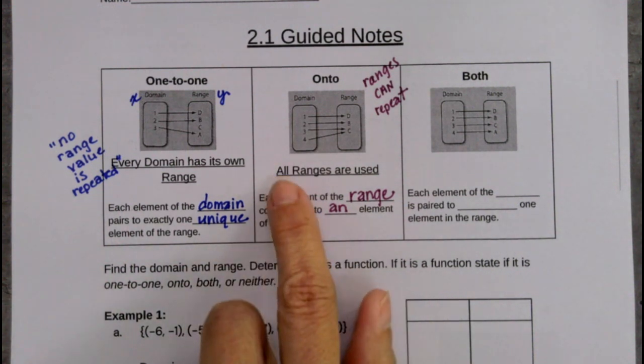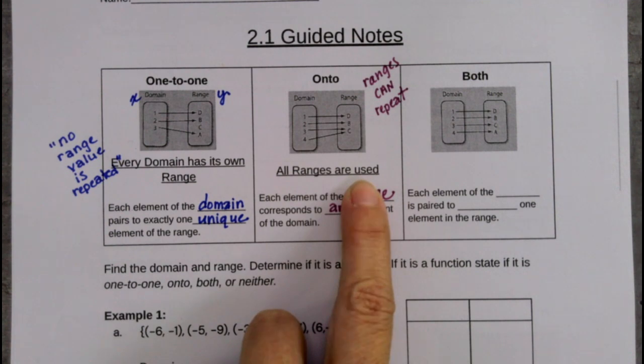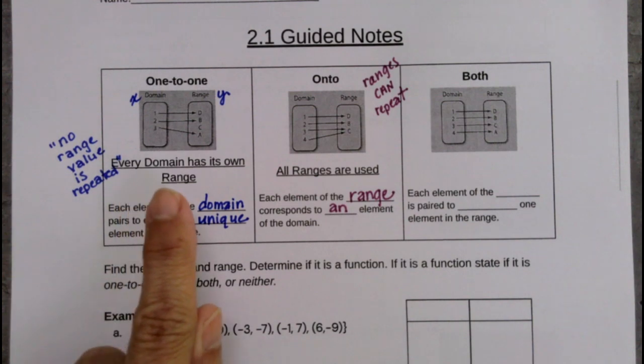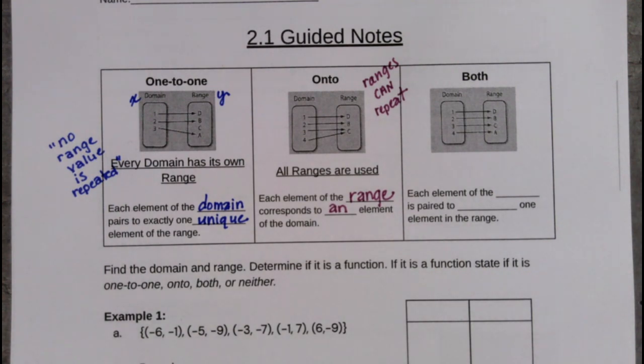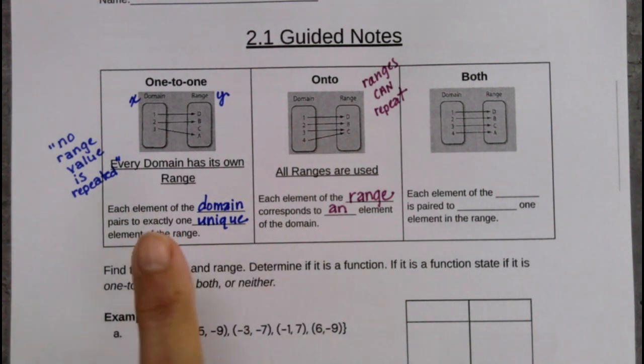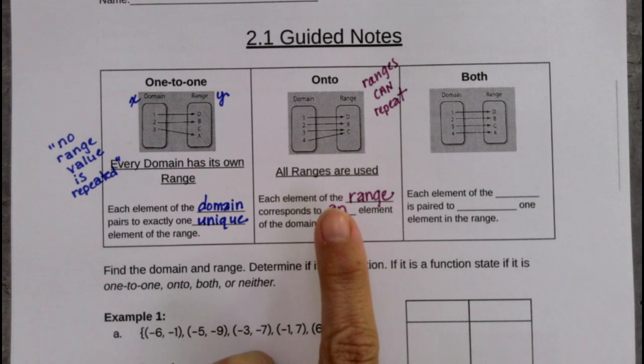That's what it means here by all ranges are used. So in one-to-one, leftovers are fine. In onto, they are not. So leftovers allowed, leftovers not allowed.